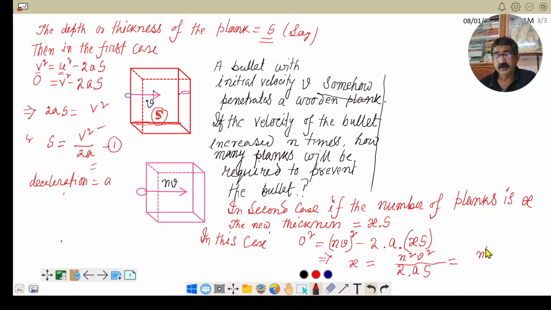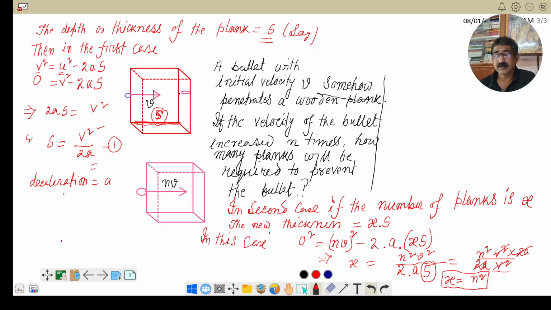In place of S we write V square by 2a. So 2a cancelled, V square cancelled, and x is equal to n square. This is the answer.